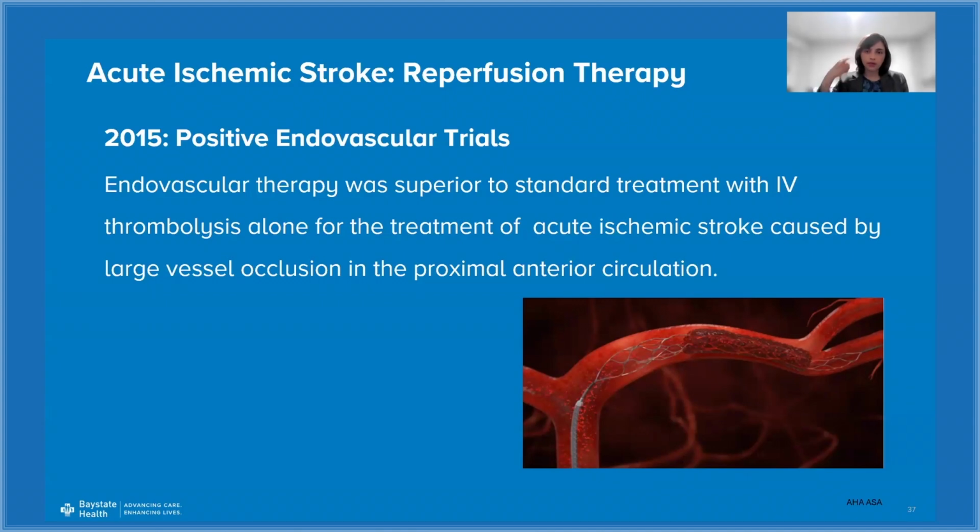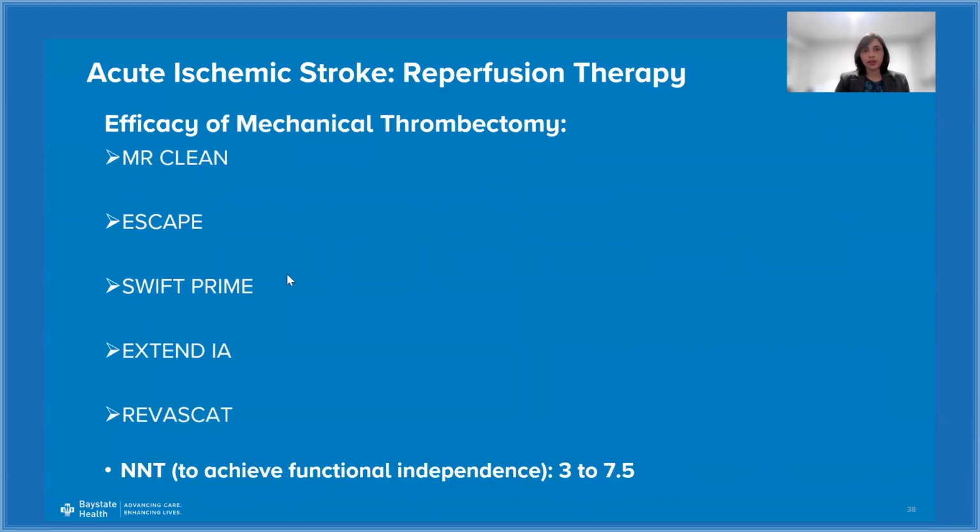They did not look at the vessels at the back during these trials. And these were the trials which were subsequently published right after MR CLEAN. So the ESCAPE, the SWIFT PRIME, the EXTEND-IA, REVASCAT, all these showed positive results.